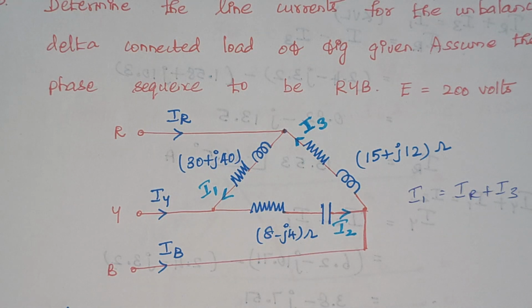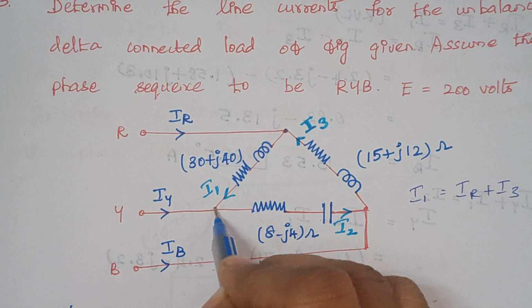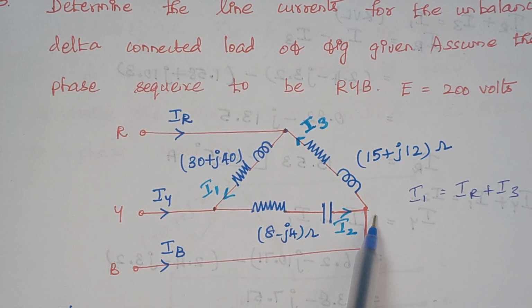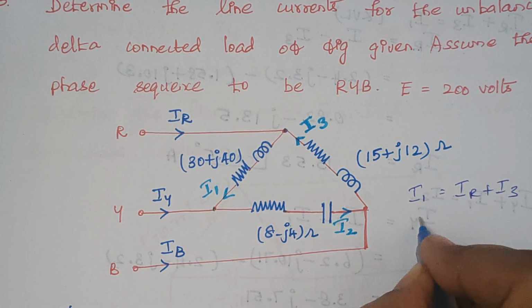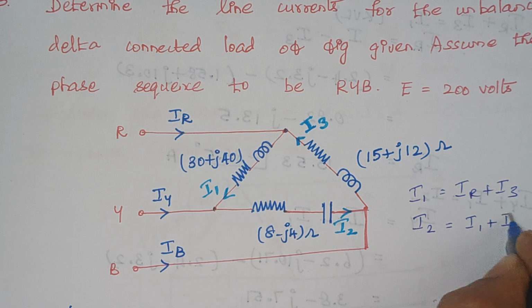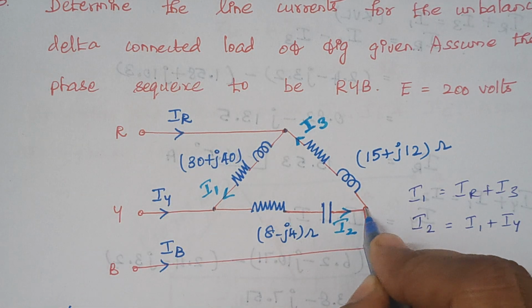Similarly, how to write the value of IY? When you look at this node, you see I2 is the current that moves away, and I1 and IY are the currents that flow towards this node. Therefore, I2 is equal to I1 plus IY. Again, consider this node.